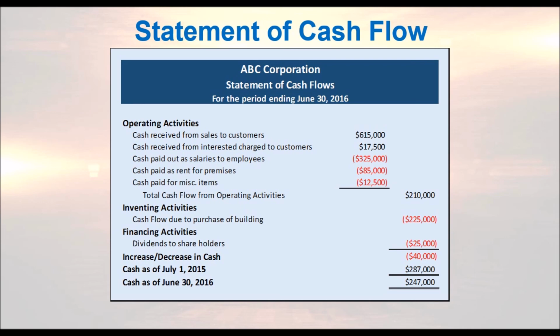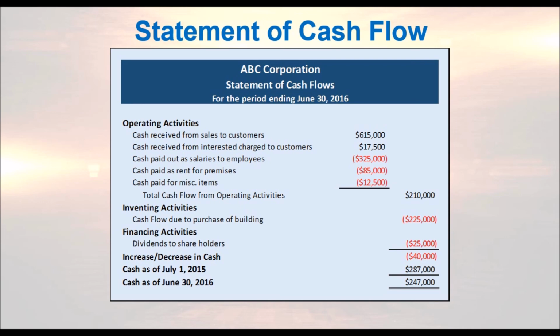Now, cash as of July 1st, 2015 was 287,000. Now, cash as of 30th of June 2016 is 247,000. That's because at the beginning, July 1st, 2015, net cash was 287,000. But from July 1st to June 30th, the net cash flow was a negative 40,000.